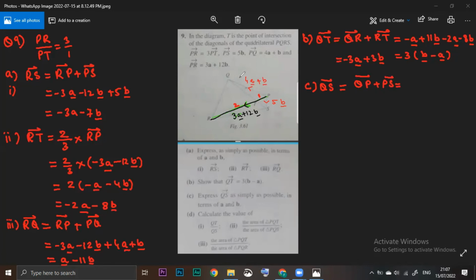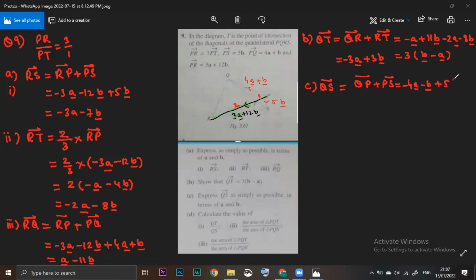Now QP is, we have the expression for PQ, 4A plus B. The expression for QP is minus 4A minus B. The expression for PS is 5B.